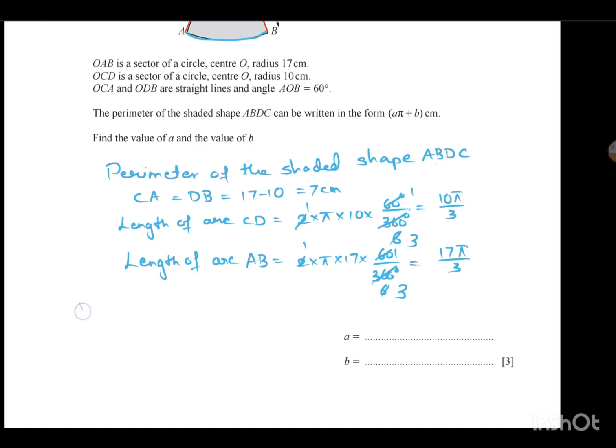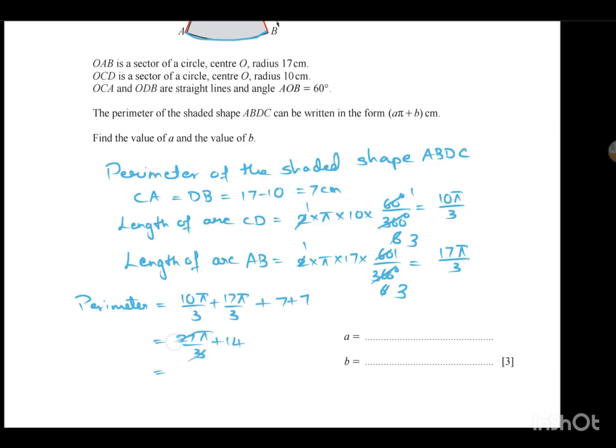Now perimeter complete is 10 pi by 3 plus 17 pi by 3 plus 7 plus 7. 7 is the length of the side AC and DB. So 10 pi plus 17 pi is 27 pi by 3 plus 14.